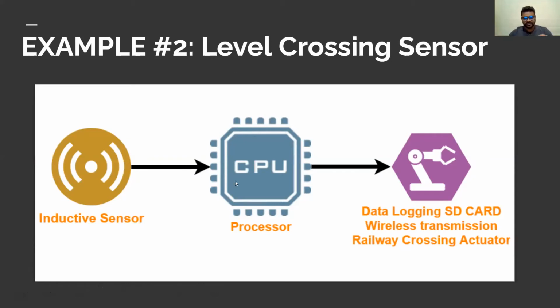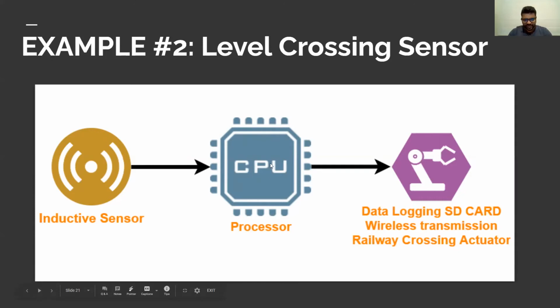Whenever a train passes those inductors, the magnetic pulse gets an interference because the material is ferrous. So when the train wheel passes the sensor, the PWM signal gets changed, and we detect that through the processor, and then using that information we can calculate the speed of the train, the direction of travel, and everything.